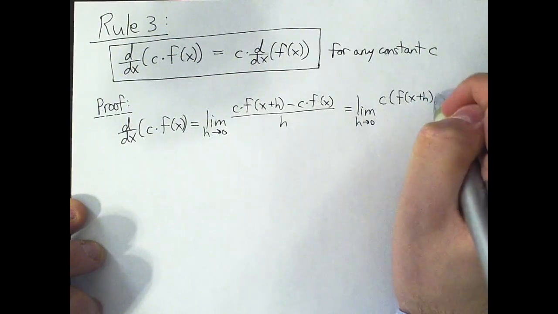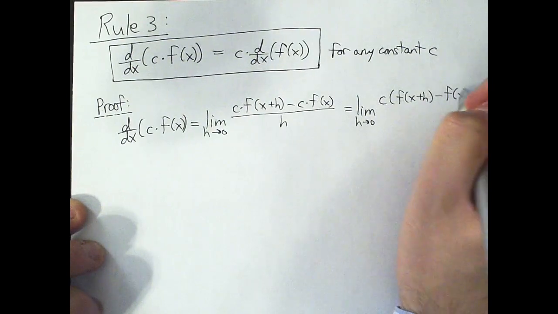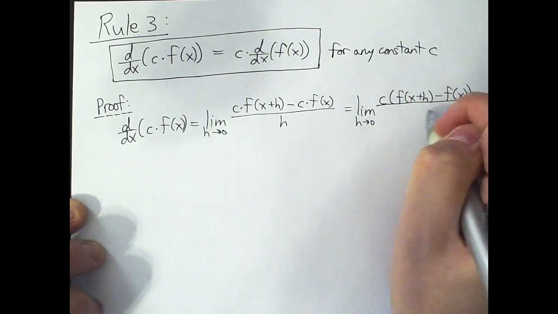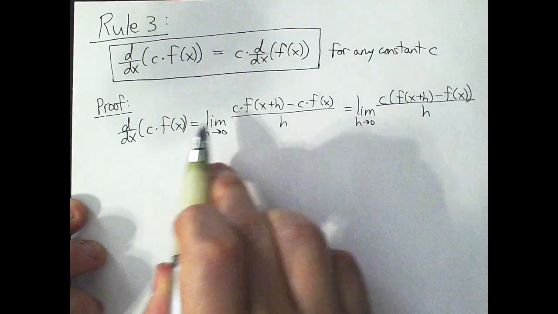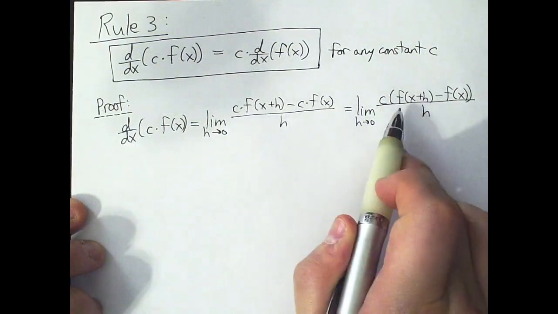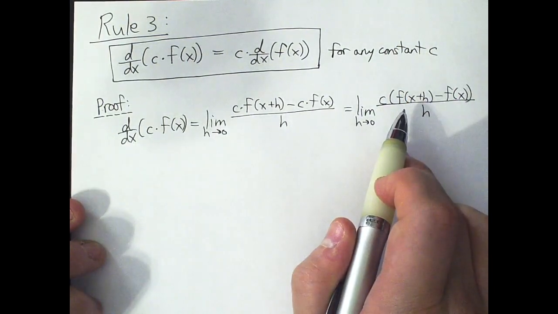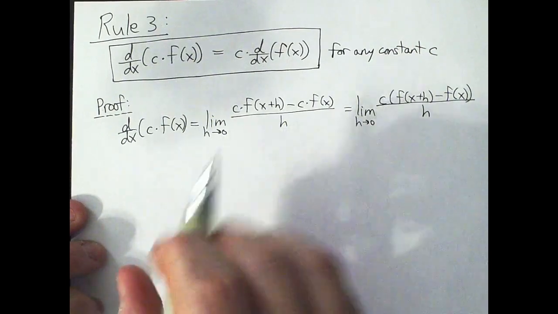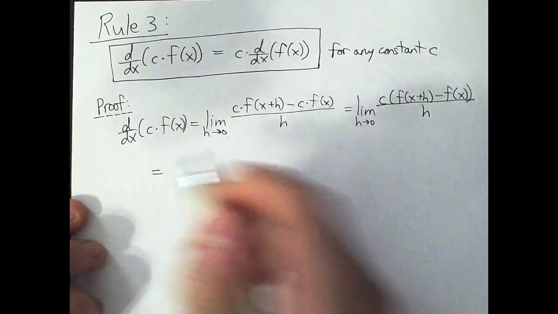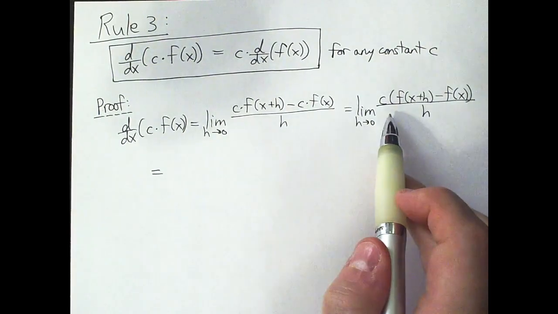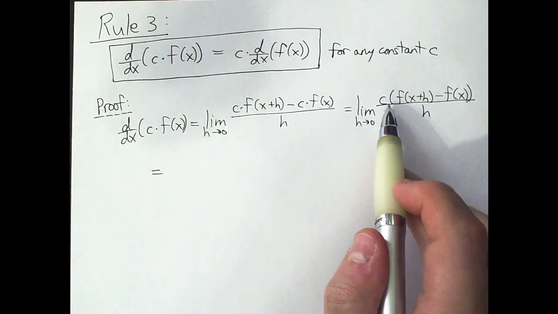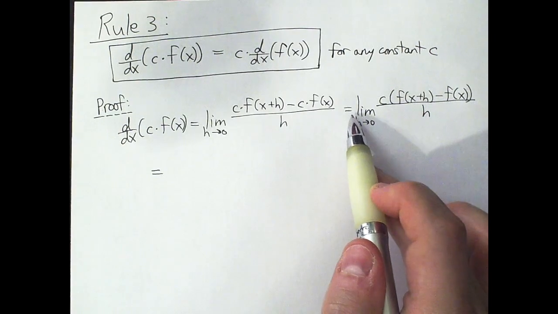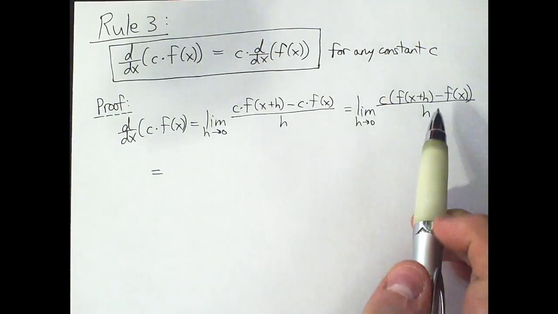Remember, when I do this kind of thing, I'm writing an equal sign between each expression. This is equal to this is equal to this. They should have equal signs in between them. I'm also writing limit as h goes to 0, limit as h goes to 0. Now, we had a property about limits that said it's okay to pull a constant out of a limit, right?